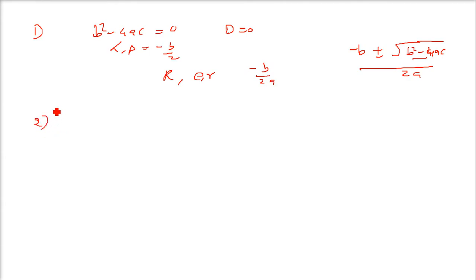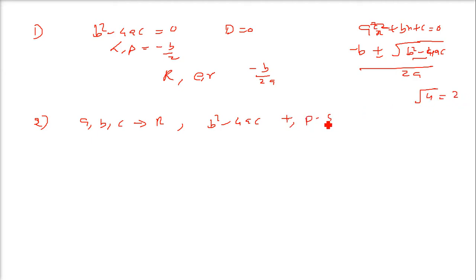The second result comes here. If a, b, c for ax square plus bx plus c equal to 0 are rational numbers, and b square minus 4ac is positive and a perfect square, that is, if it is under root 4, it is a perfect square, 2 will come. So if it is a perfect square, then under root b square minus 4ac is a rational number.